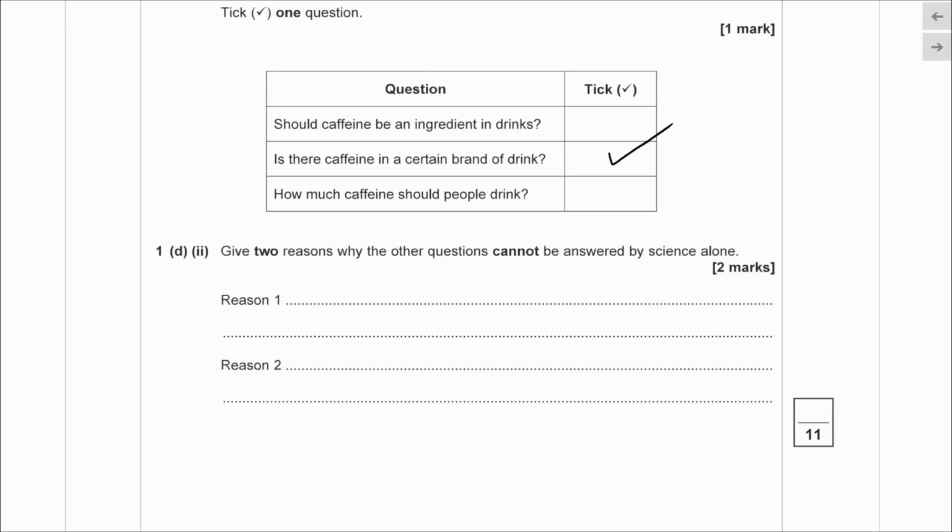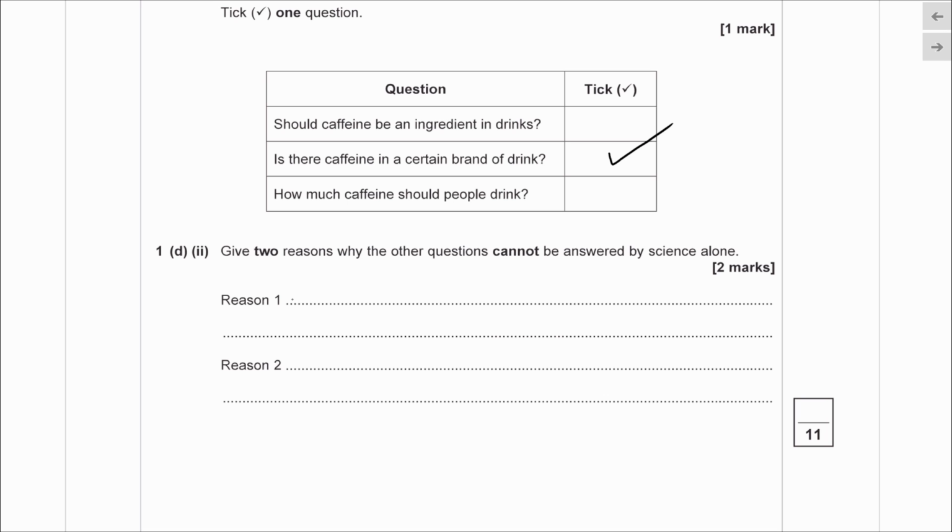Give 2 reasons why the other questions cannot be answered by science alone. Right, and I basically just went through them there. Both questions really have similar reasons why they can't be answered.